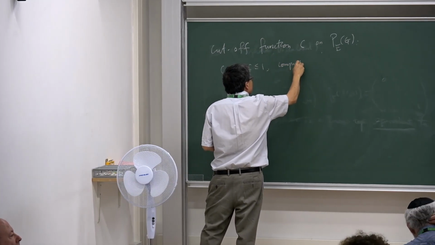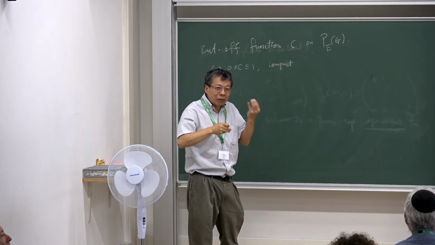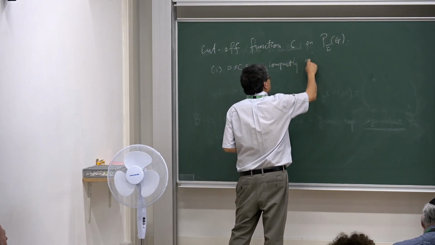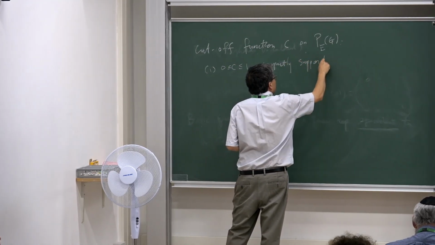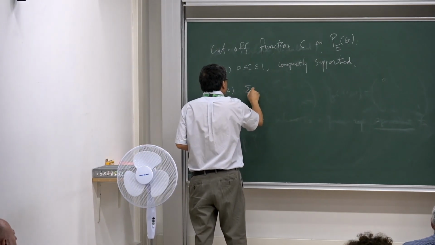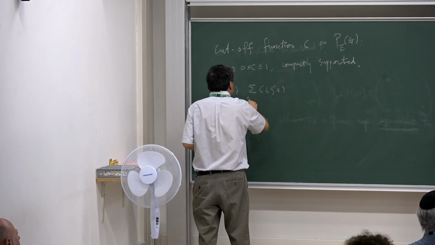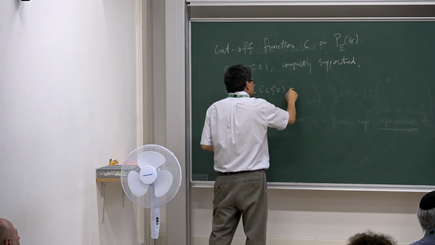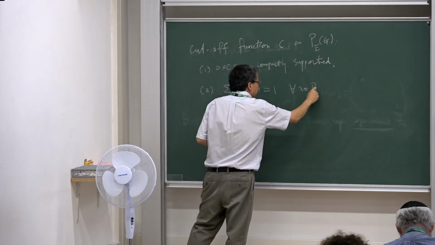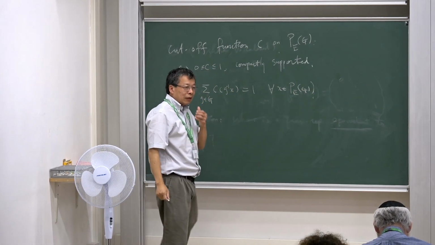Roughly speaking, it's supported along the fundamental domain of the action, intuitively. Now, when you translate this function by all group elements, the sum gives you 1.